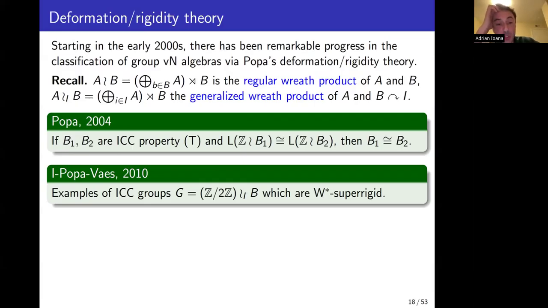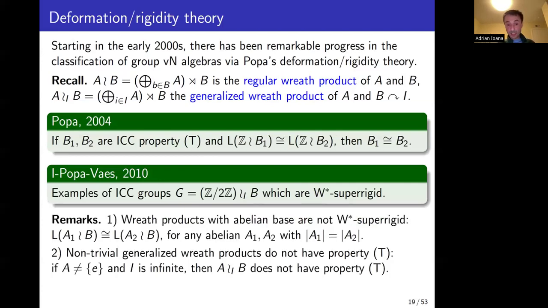Specifically, we showed that certain generalized wreath product groups of Z/2Z with some action of a group B on a set I are W* superrigid. I'm not going to be more specific than that because the construction is a bit more complicated and not so relevant. But the point is that there are generalized wreath products that are W* superrigid.